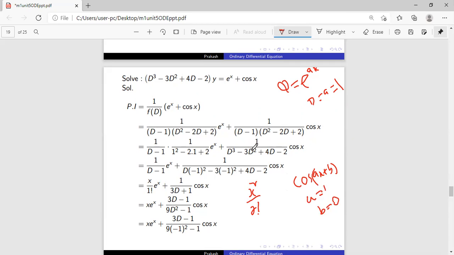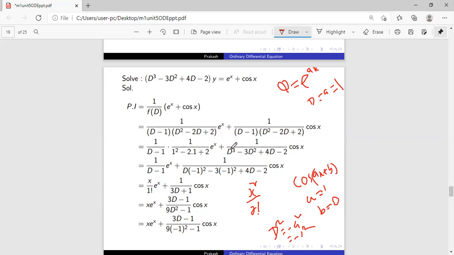In this term, wherever D² appears, I replace D² equal to -a², and here a is 1.